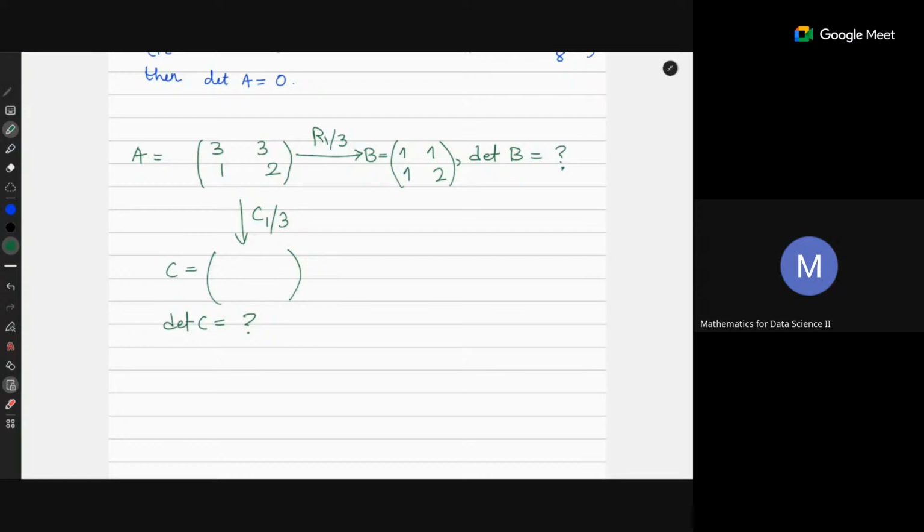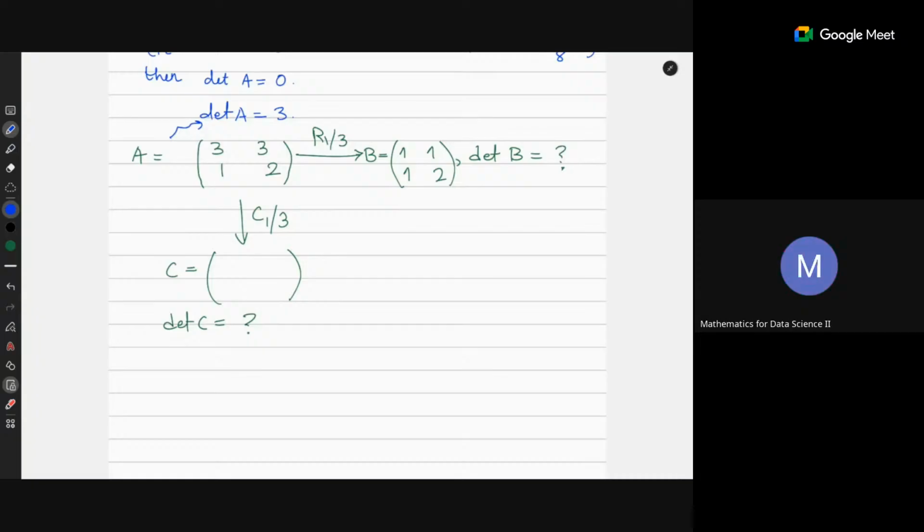Right. Now, what is determinant of A? Can anyone tell me what is determinant of A? 1 by 3? It's minus 3. Sir, it should be 3. Why 1 by 3?